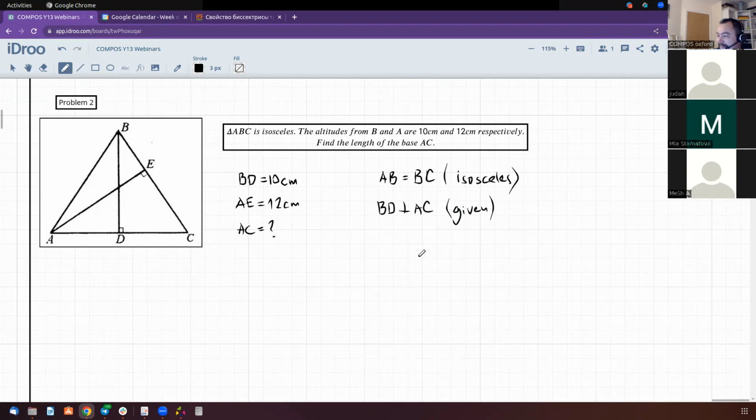Okay, so let AC equal x. So AC is x. And AB equals BC equals y. So we make this side equal to y, and we make this side equal to y as well.